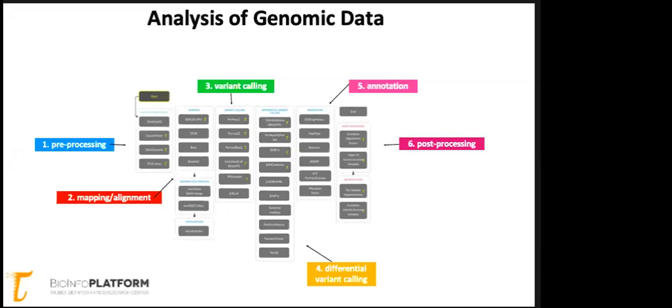When we are done with that, the second thing we do is what we call mapping or alignment. As we said, we have a reference genome that serves as the control for all our sequence reads. Before the sequencing, the genomic material is broken down into fragments before they are read in short base pairs of between 100 to 150.